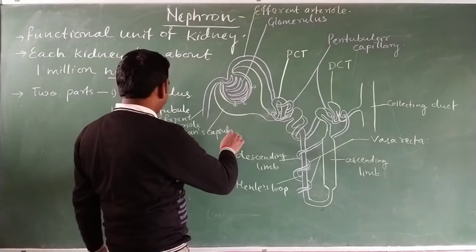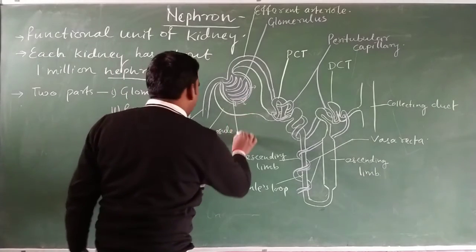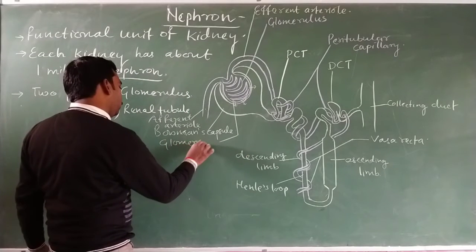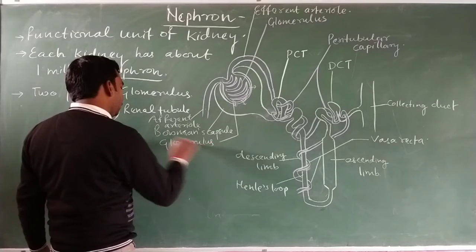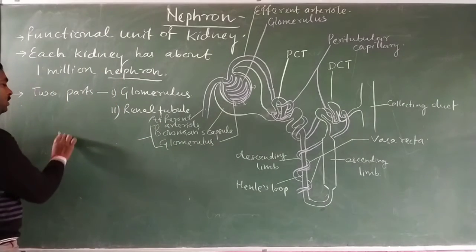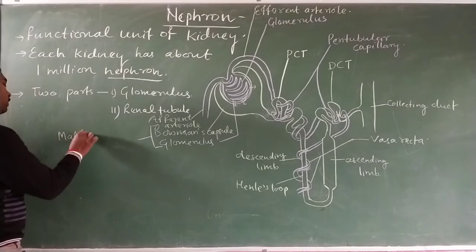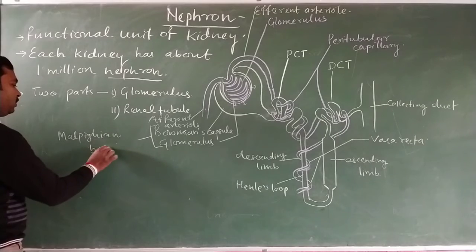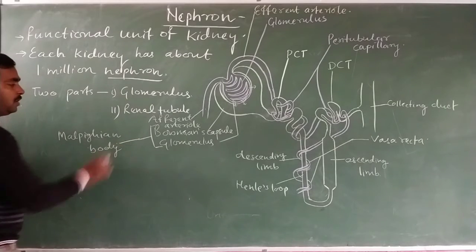The Bowman's capsule along with the glomerulus is known as Malpighian body, or renal body.